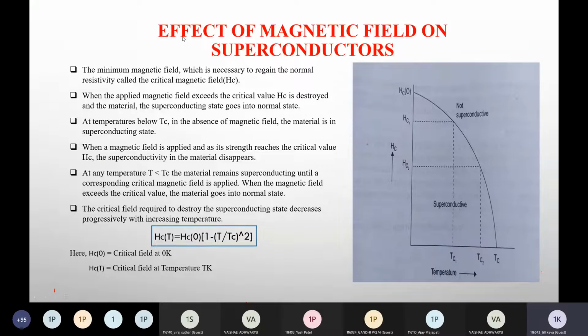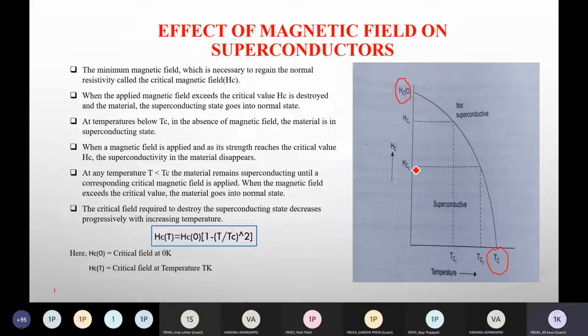So today I am going to explain the effect of magnetic field on superconductor. First we see the figure. The graph shows the relation between Hc and temperature.